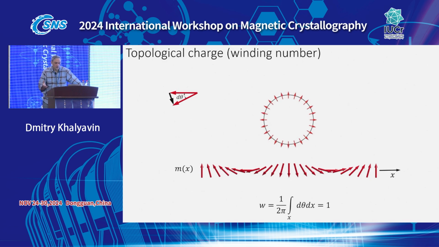This integral will tell us what happens with magnetization, what it does. So in the present case, magnetization wraps around the circle. When we go around the circle, magnetization wraps around as well. So it's giving us a topological charge 1. So it's an integer number, which means that this object is indeed topological.